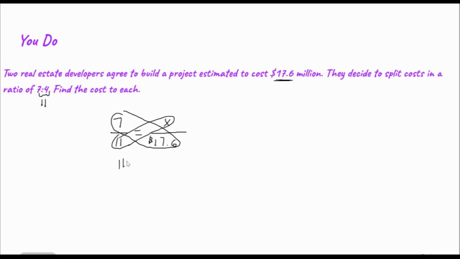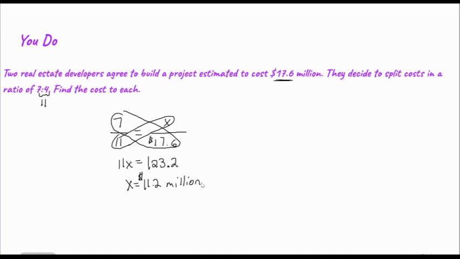So we got 11x equals 7 times 17.6, which is 123.2. And we'll divide by 11. So x equals 11.2 million. That means the real estate developer putting up the 7 gets $11.2 million.